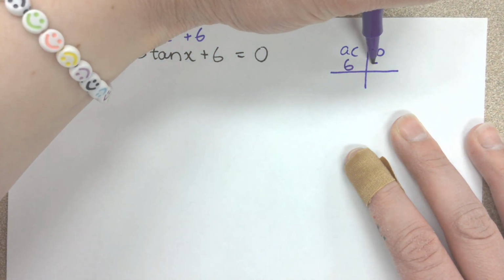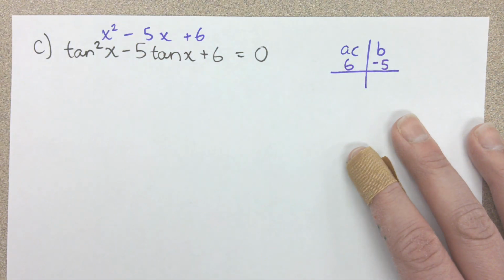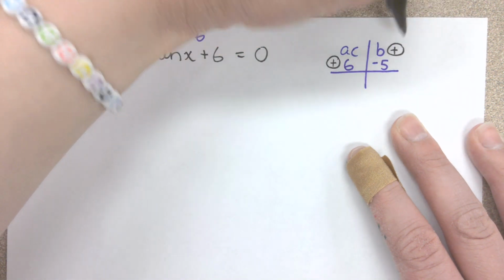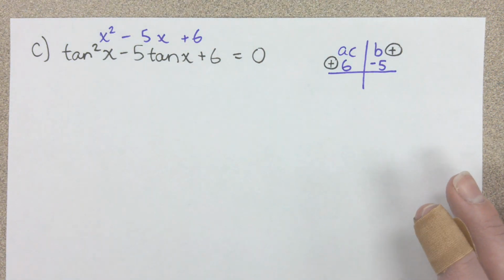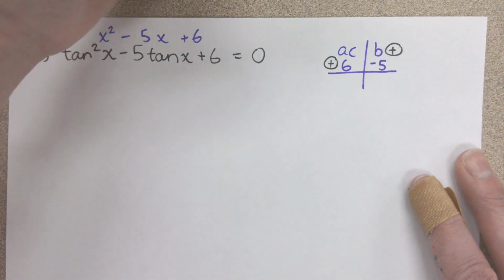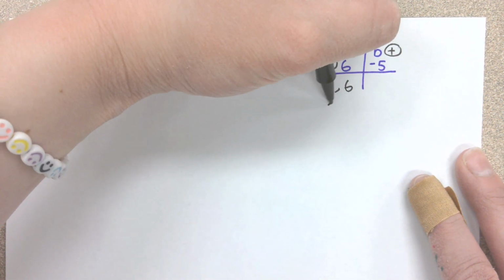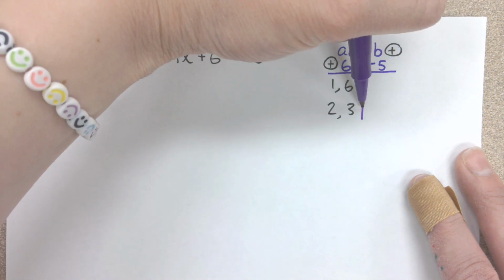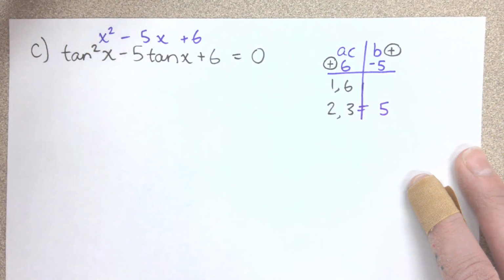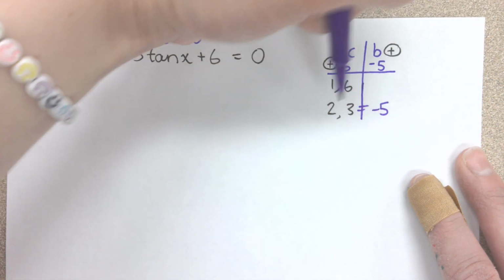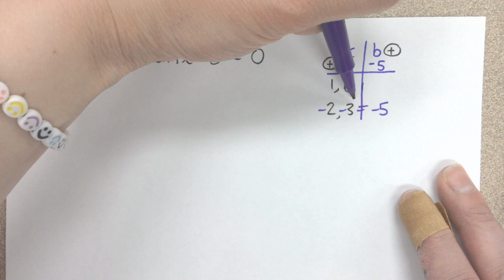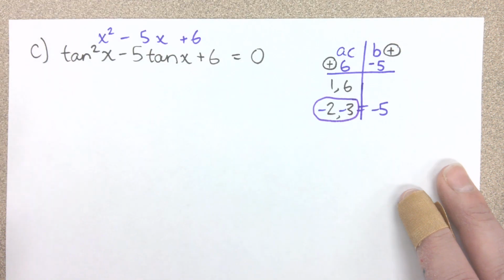B is negative 5. And since AC is positive, we're adding to get that negative 5. 6 has 2 pairs of factors, 1 and itself and 2 and 3. As you can see, we can add 2 and 3 to get 5. To make it a negative 5, they both must be negative. So these are my factors.